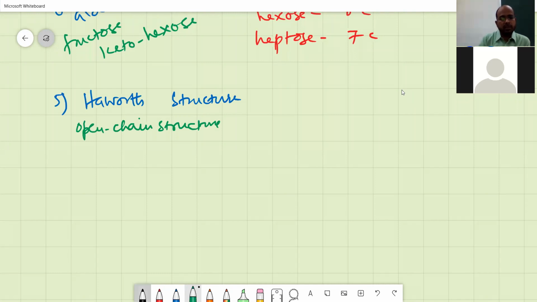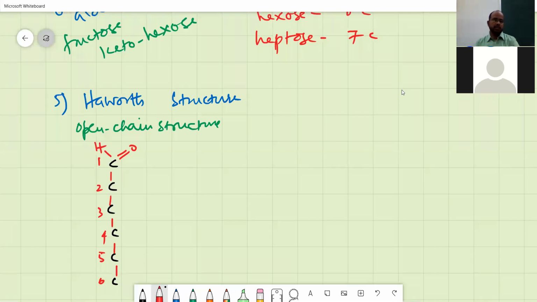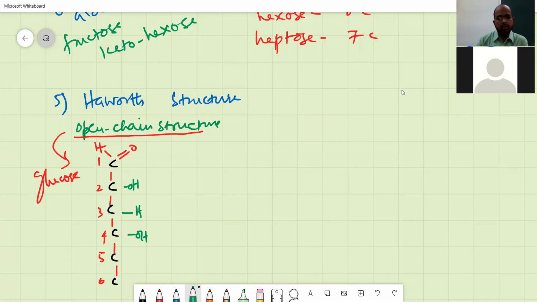That comes like C, C, C, C, C, C, carbon atoms 1, 2, 3, 4, 5, 6, bonded together. This is the open chain structure of glucose. Then you have to write OH here, H here, OH, OH, CH2OH.